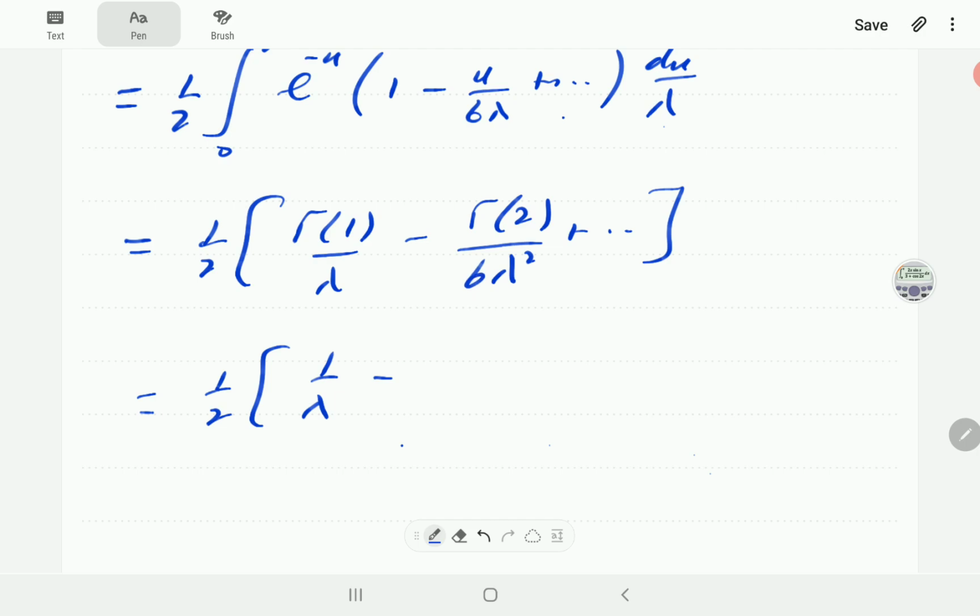Okay, so that's going to simplify to 1 over 6 lambda squared. Okay, so that's example number C.